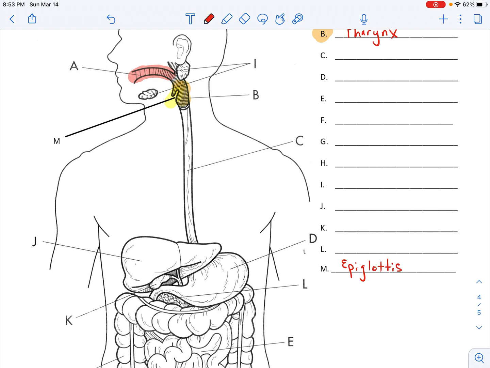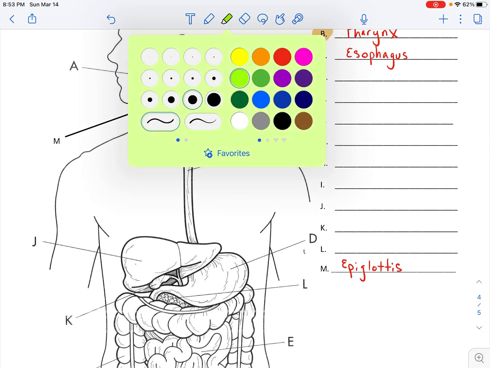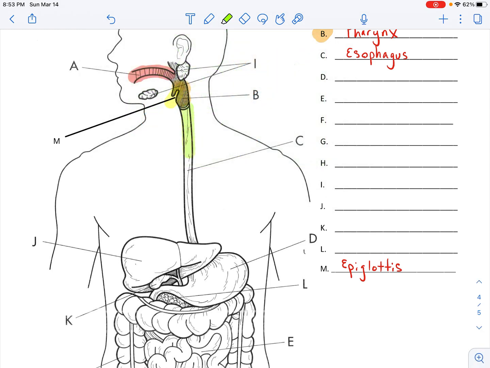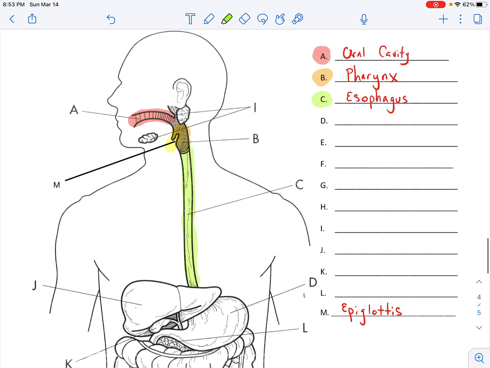C is your esophagus. So that's the tube that leads to your stomach. So we're going to color that green. D is stomach.